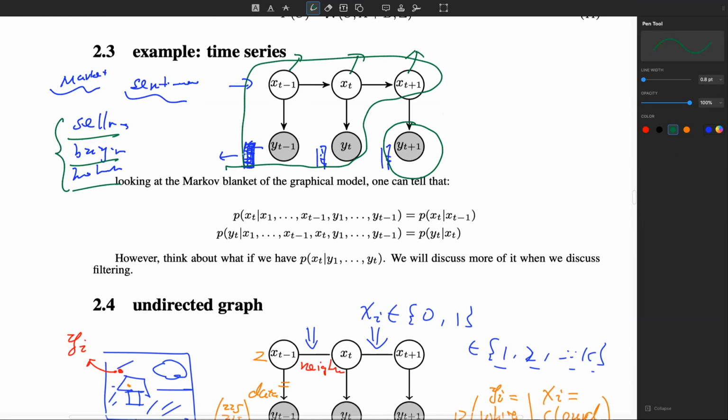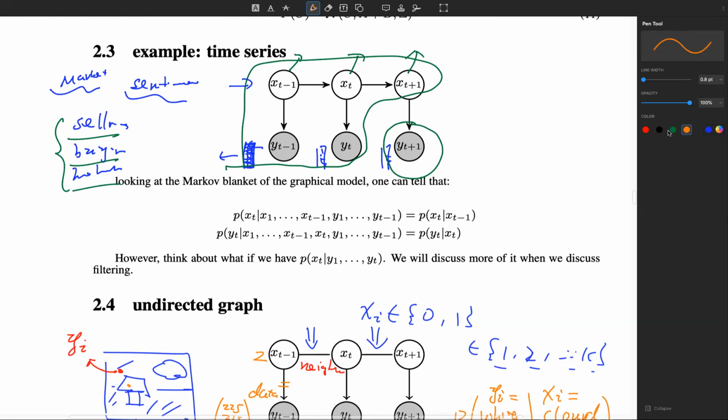So when we have P of Y conditioned on the rest of the nodes, what is the Markov blanket? What is the variable, or set of variables, that's going to give you the conditional independence? Xt, yeah, xt plus 1. By the way, this is important.